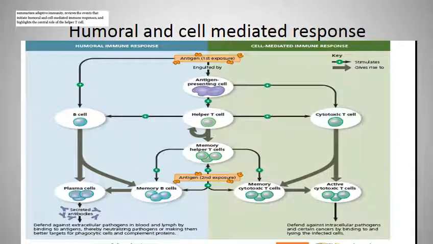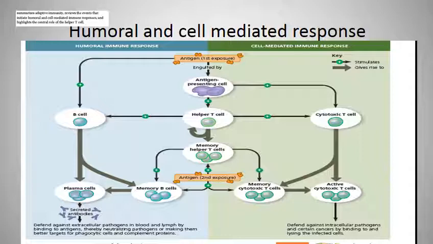Now, this is a summary of the humoral immune response and the cell-mediated immune response. This is the first exposure to the antigen. The antigen is engulfed by an antigen-presenting cell. Then what happens? Once the antigen binds, this antigen-presenting cell displays the antigen fragment, and then the helper T cell can bind to it.